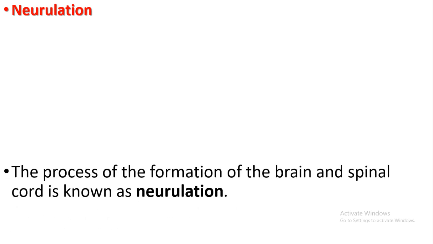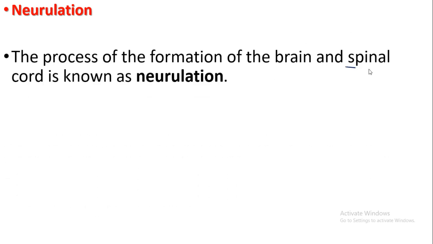Neurulation is the process by which the spinal cord and the brain are formed, or the process by which the central nervous system is formed, because the brain and the spinal cord form what we are calling the central nervous system. And this is taking place in week 4.